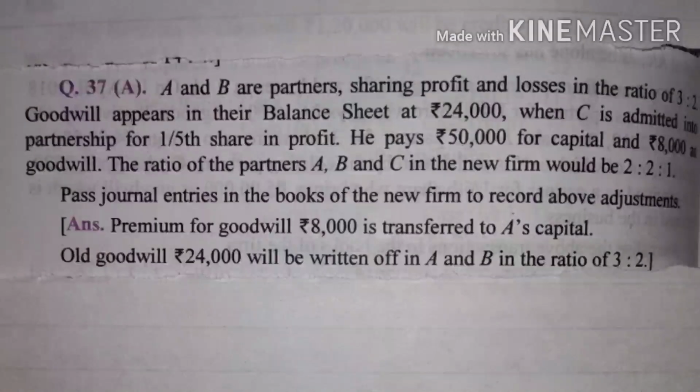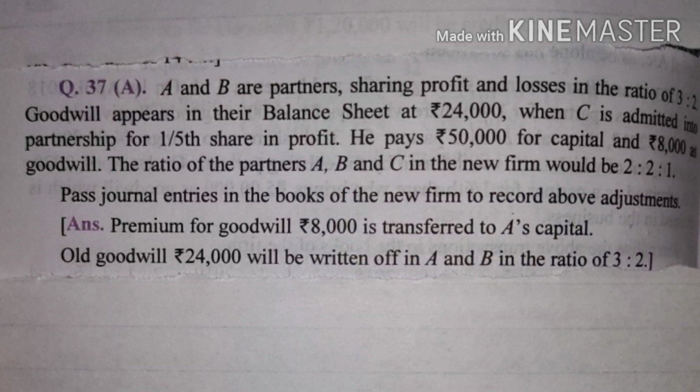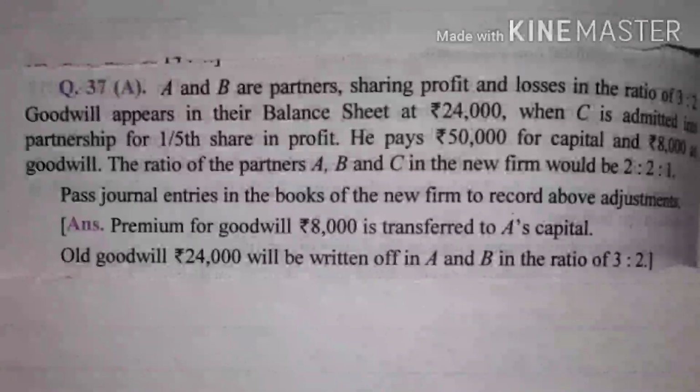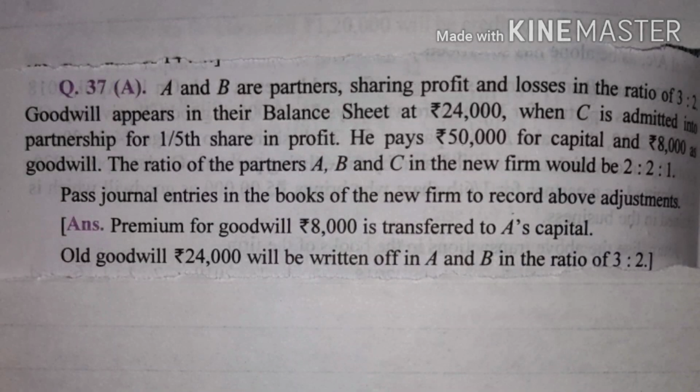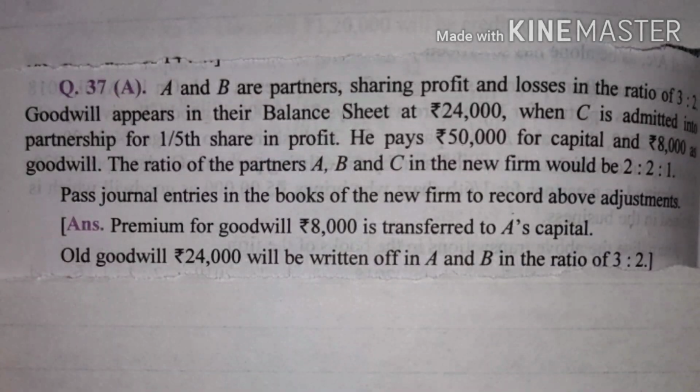This we have discussed earlier while studying the meaning of goodwill and the methods of valuation of goodwill, that there is an accounting standard 26 where it is mentioned that goodwill cannot be shown in the books unless money or money's worth is paid for it.